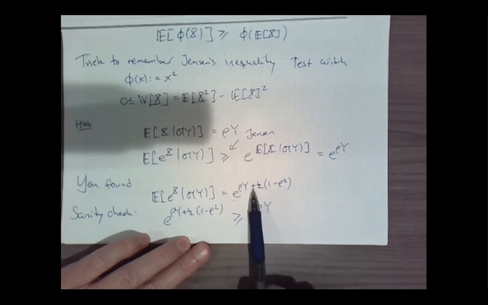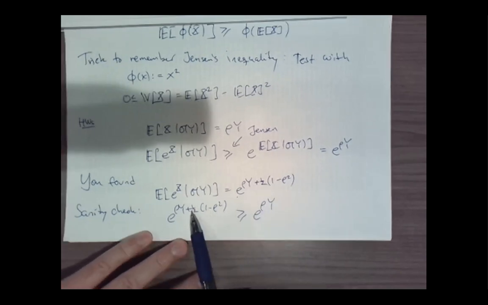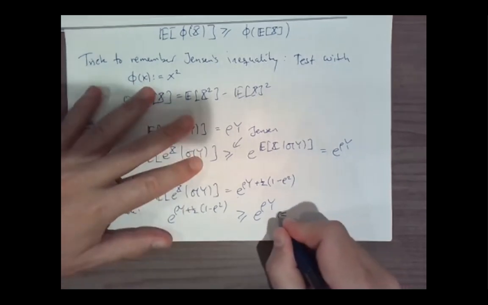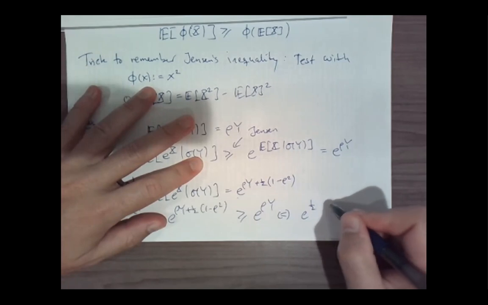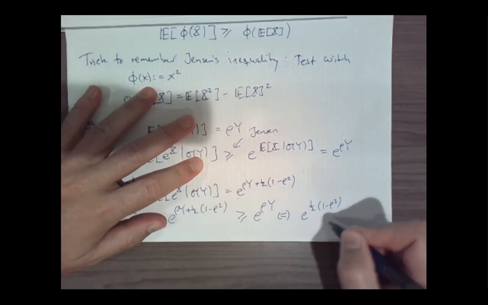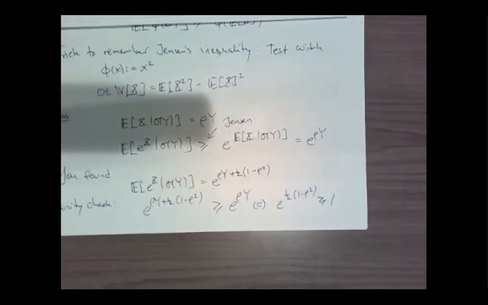Say that, for instance, you've gotten a minus sign here. Would it still work? If I put a minus sign here, would it still work? This one here is the same thing as saying e to the 1/2 (1 minus rho squared) is bigger than 1. Is that true?